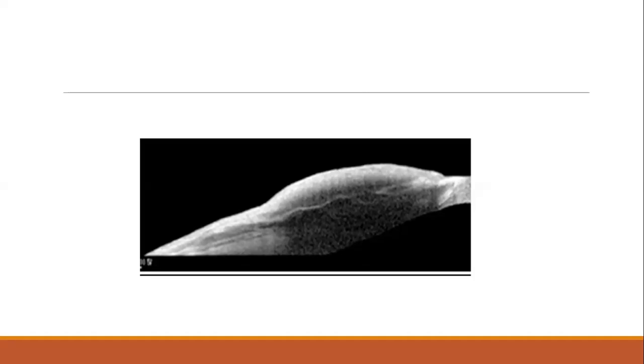Lymphoma and lymphoid hyperplasia are subepithelial lesions. Normally this is the outermost layer, and it is becoming thickened up. So this is an epithelial lesion.